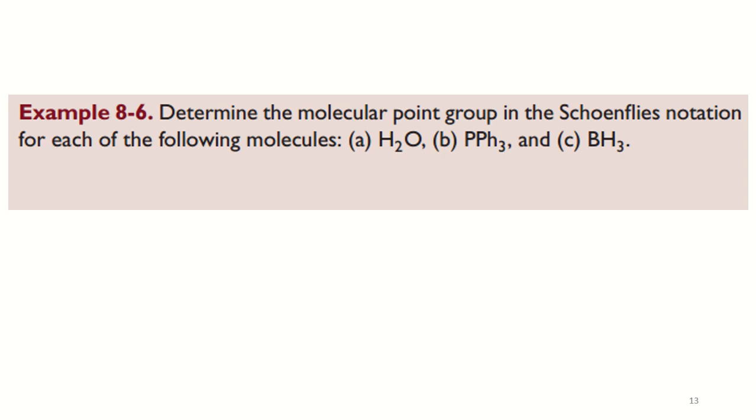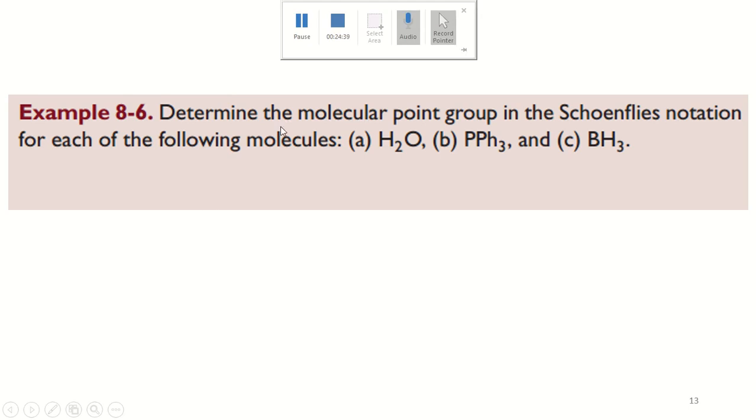So let us talk about another example, and this is your assignment. Determine the molecular point group in Schoenflies notation for each of the following molecules. I do believe that you are very well familiar with the point groups, and this is your assignment to draw the molecular point groups for water, triphenyl phosphine and BH3.